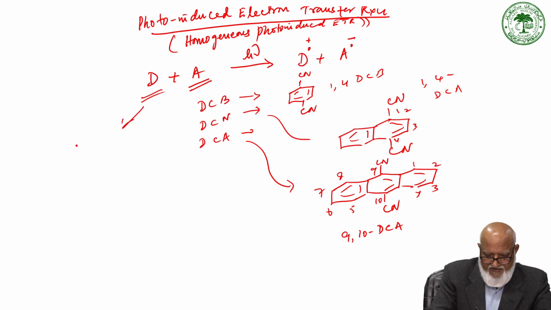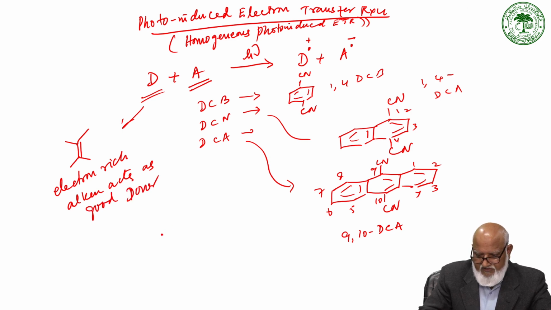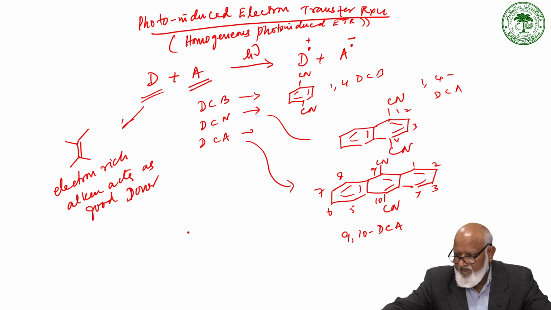Whereas donors, electron rich alkenes, act as very good donors. So what happens when we have a system like this?